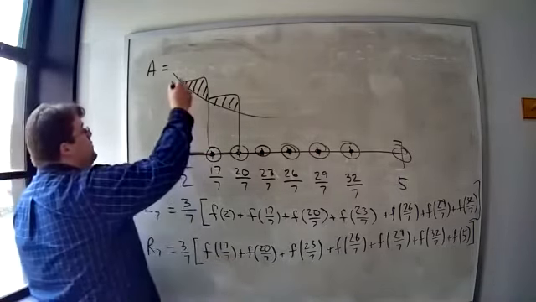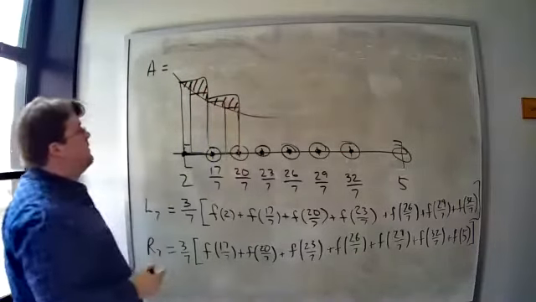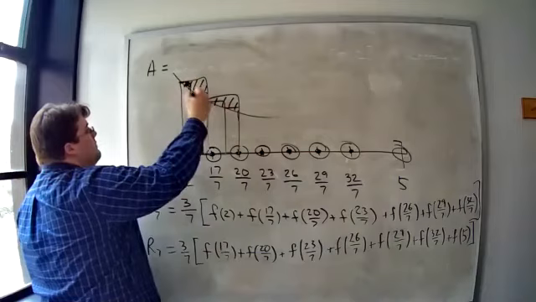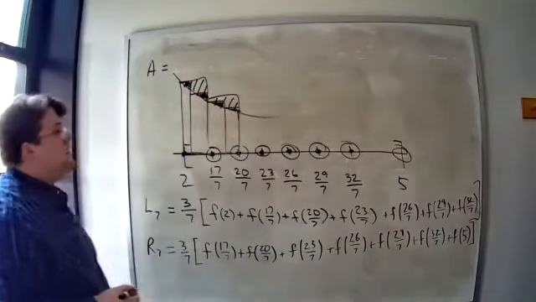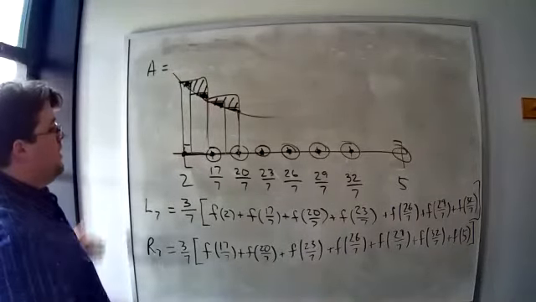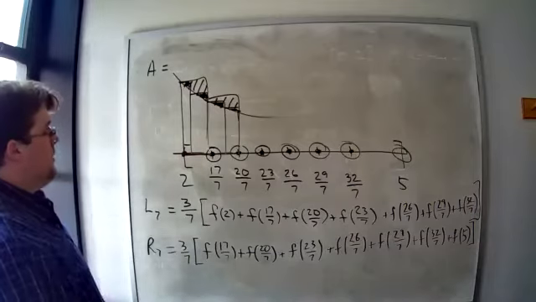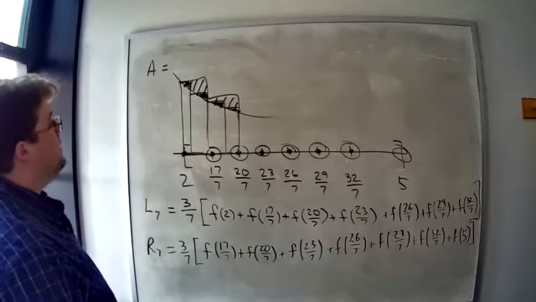But if we use more and more rectangles, then you'll see that this quantity that's preventing it from being exact will keep getting smaller. And if you let that number of rectangles keep getting larger, then this area approximation is going to keep getting closer to being exact.